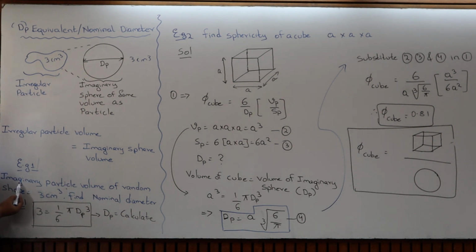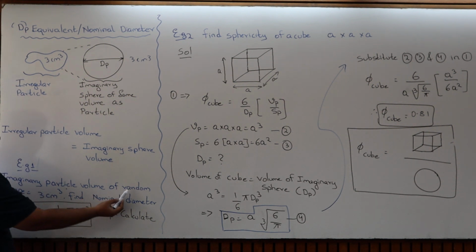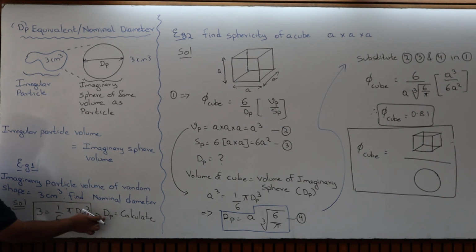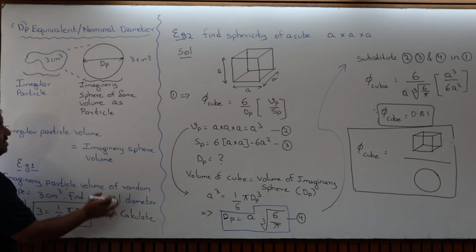Example: the volume of an imaginary particle of any random shape is equal to 3 centimeter cube. Find the nominal diameter. Simple. The volume of this random shaped particle, 3, is equal to the volume of the imaginary sphere, 1/6 pi dp cube. From this equation, whatever number you get for the diameter is nothing but the equivalent diameter of the sphere.